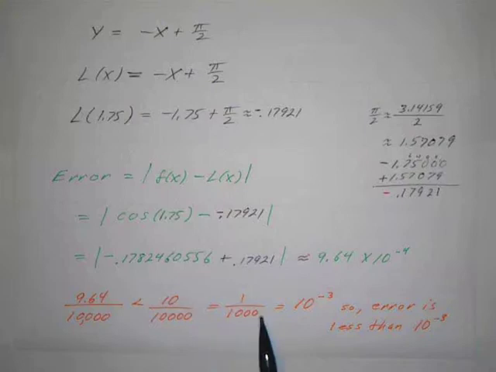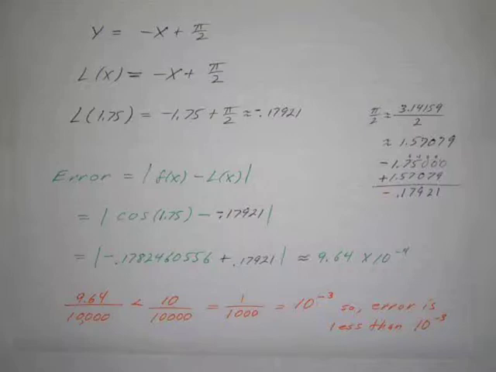So now I've got 3 zeros on the bottom. I put this up on the top, so I got this. And that's the same thing as 1/1000th. So I'm within 1/1000th of the actual value, and that may be within my tolerances of my problem. Okay, so might be okay on that. So that's 10 to the negative 3, so we could say the error is less than 10 to the negative 3. So that's all there is to it.